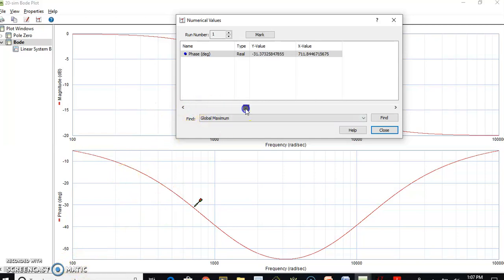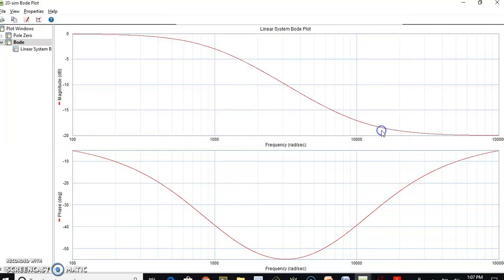As the frequency increases, it again goes to almost 0 here. This is how the phase of the plot will change, and this is the magnitude plot. The magnitude initially has 0 dB per decade slope, then reduces and then becomes almost constant again, at 0 dB per decade. So this is the demonstration of a phase lag network in 20sim.